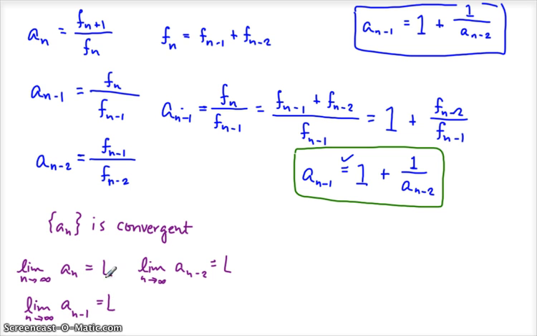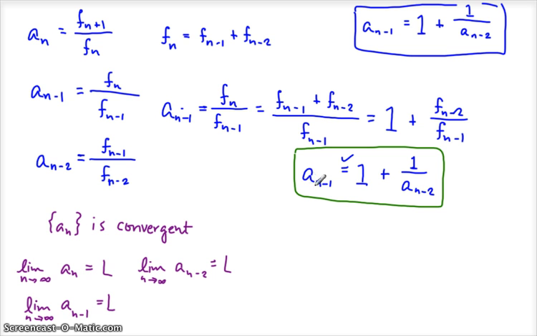So let's take this information and apply it to this piece. They had us show that a sub n minus 1 equals 1 plus 1 divided by a sub n minus 2. This will be very helpful in helping us to determine what this limit actually is.